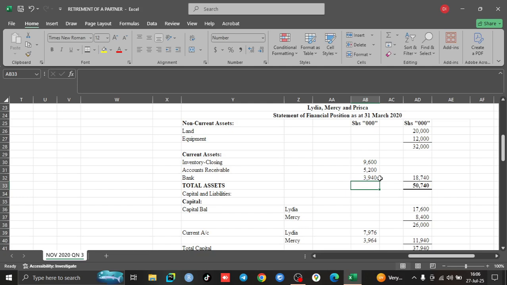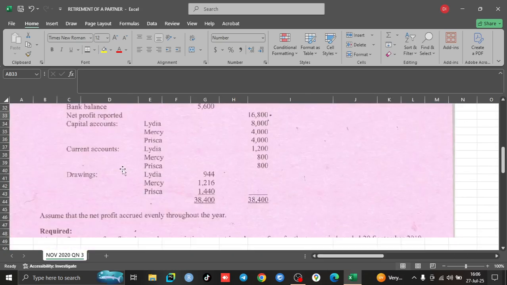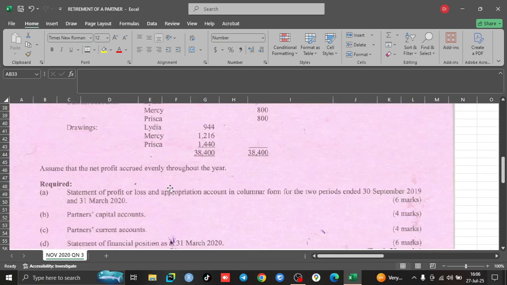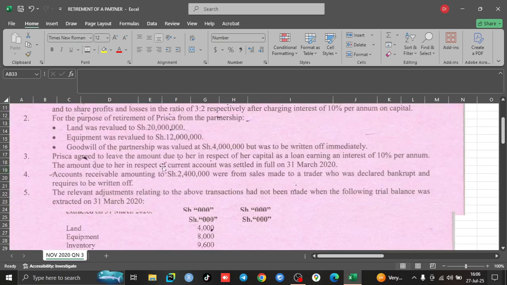So the 500 shillings in terms of her interest, that's where the issue is arising from. Let me see what that statement means again. She agreed to leave the amount due to her in respect of her capital as a loan, which earned interest on that percentage.